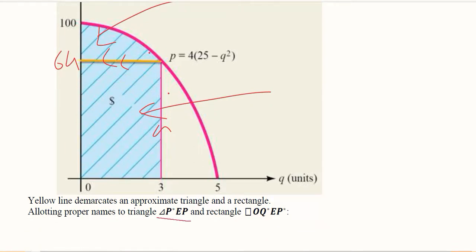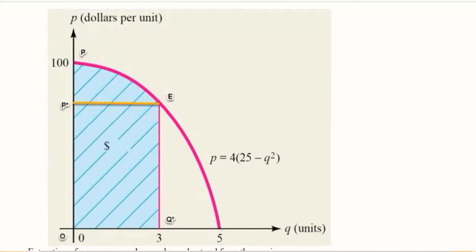This is the specification of the triangle. This is the specification of this rectangle, and we have highlighted this in the next diagram. As you can see, now the various vertices are highlighted, whether they are represented by P or E or any other alphabet.